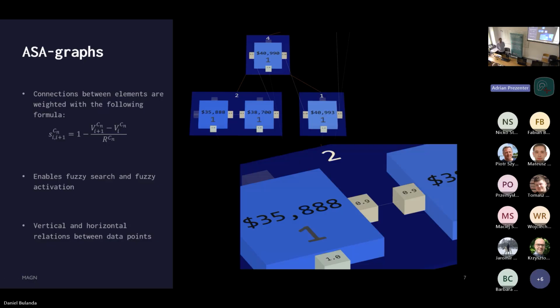So we are not only aware of what comprises each neuron, each object in the environment, but also what the similarities between objects are based on selected features. Because we can move vertically for each feature which describes a given row, which is basically an object.